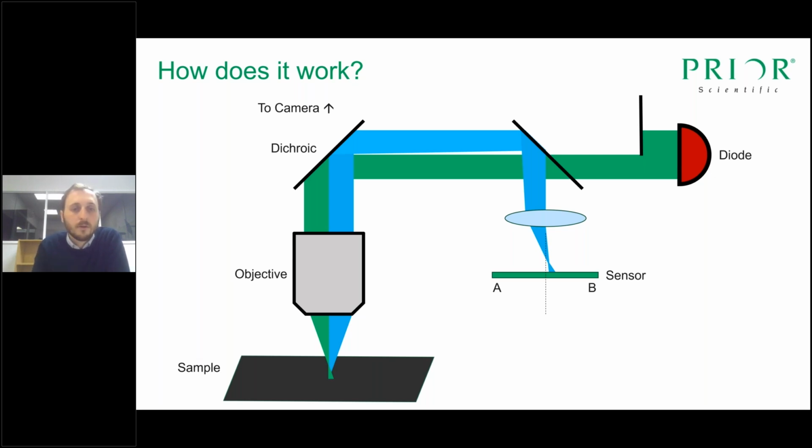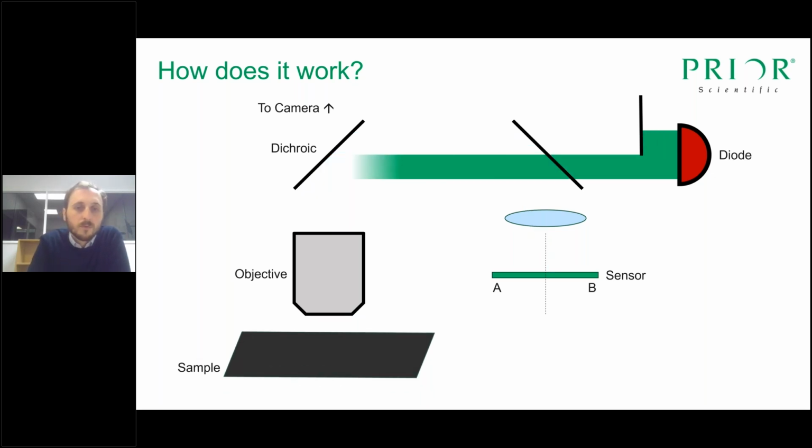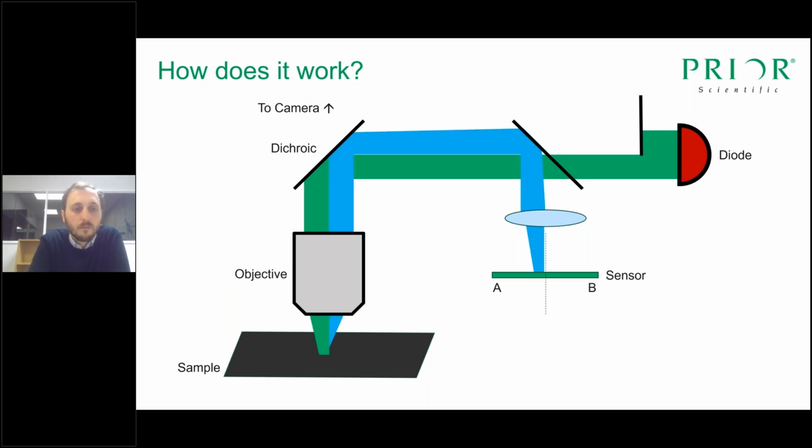It is now only defocused onto the sensor on one side, onto side B, as you can see here. If we then follow the example through, we can see as well that if we move the sample up and we are focusing our incident light below the sample, the collected light ends up on the other side of the sensor. And that's how we form the basis for a feedback loop to control the focus position.